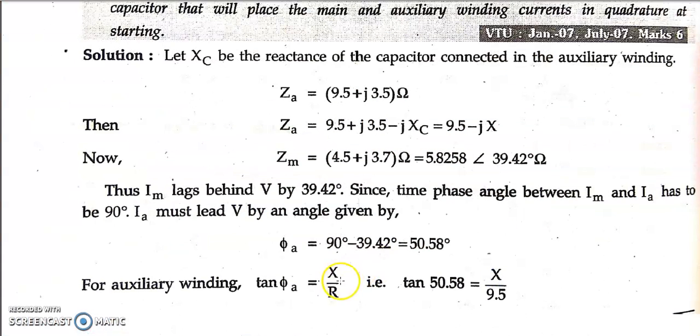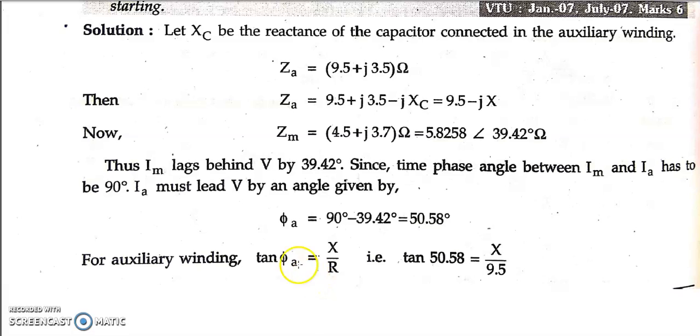Now we shall calculate the value of X. How? Very simple. We apply the power triangle formula: tan phi is equal to X by R, opposite by adjacent. Opposite is always X and adjacent is always R. R is given here because it is an R plus jX combination. Pardon, here ZA, not Zm.